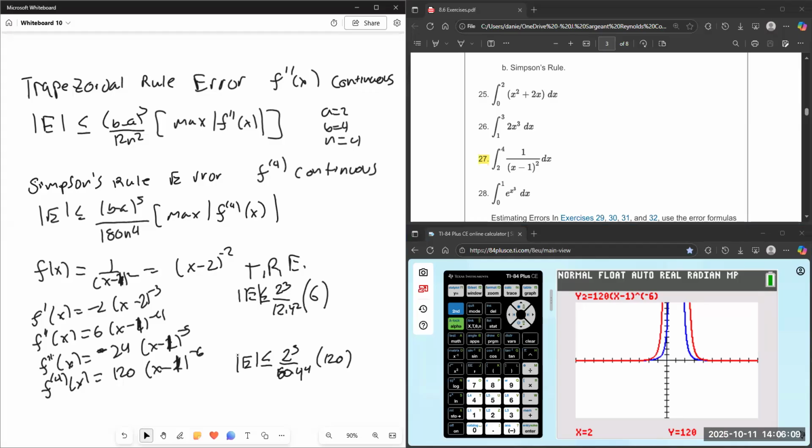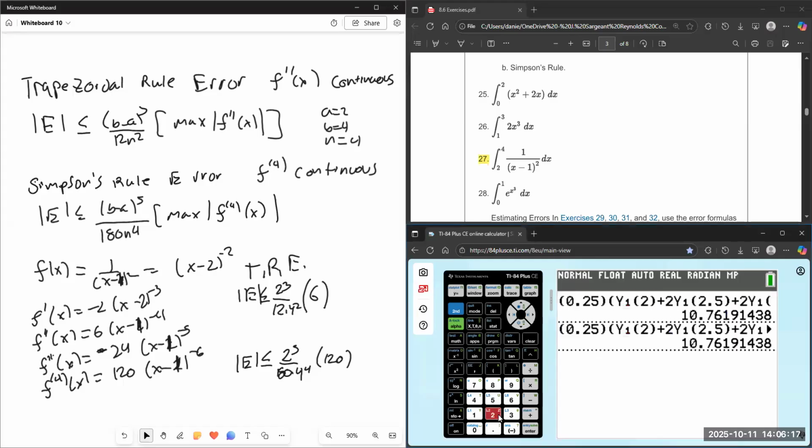Okay. So that is going to be equal to, let's come out here and see, 2 to the third times 6 divided by 12 times 4 to the second.